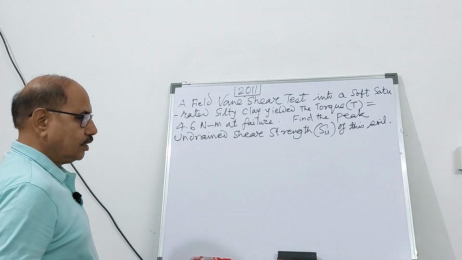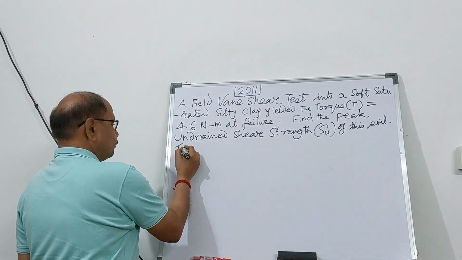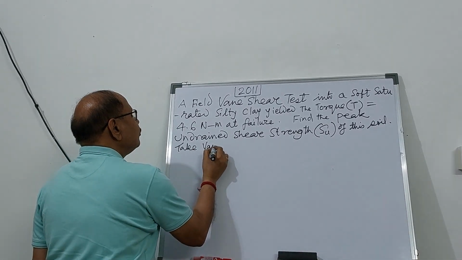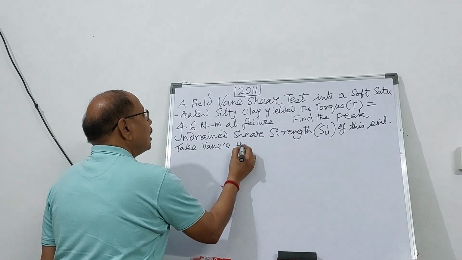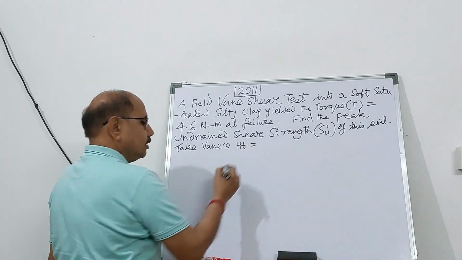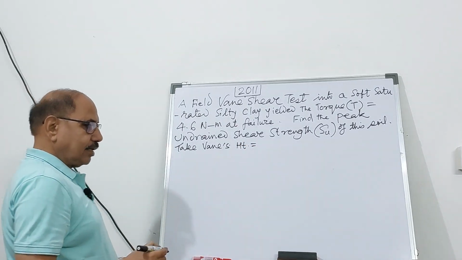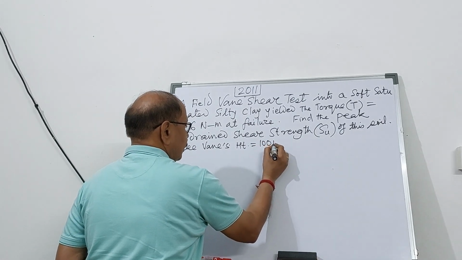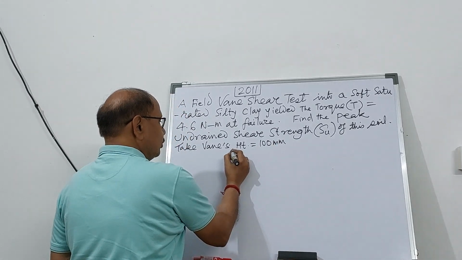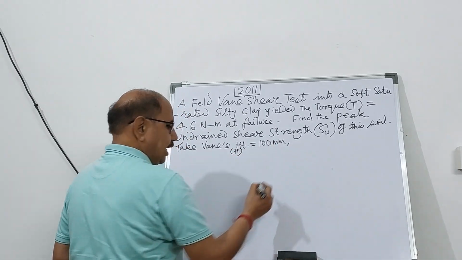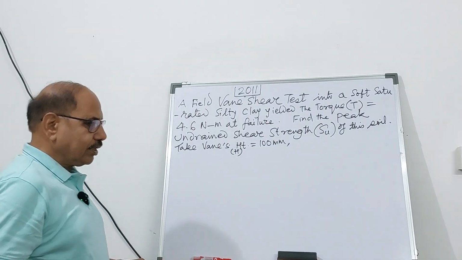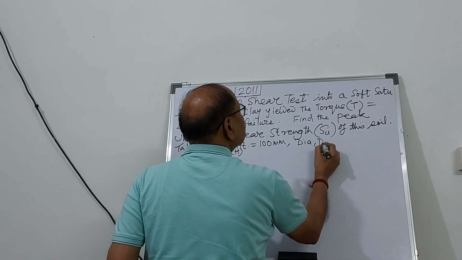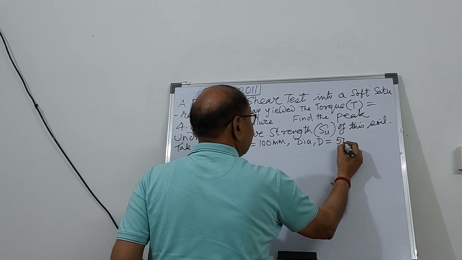So friends, take the height of vane, height is given as 100 mm. So h is given to you, and you are also given diameter d equal to 50 mm.